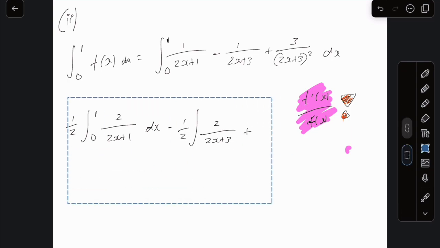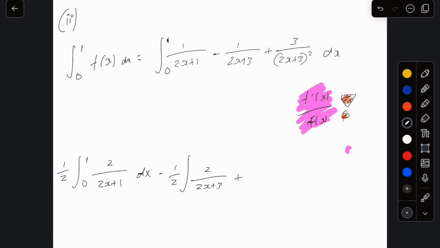Plus, what we're going to plus here? Now this is a bit different, because what we can say is we can take the 3 out, and what we can say is the following. We can say plus 3 times 2x plus 3 to the negative 2. So it's a classic type integral here.